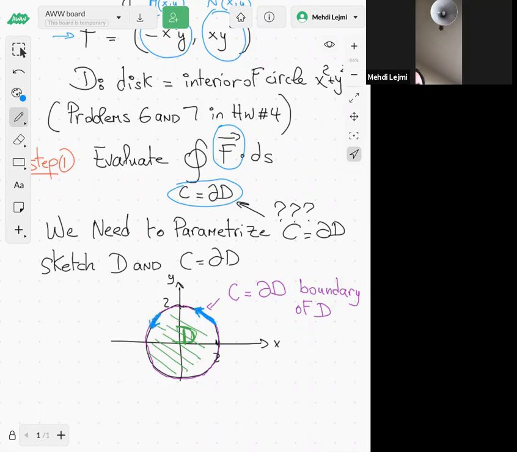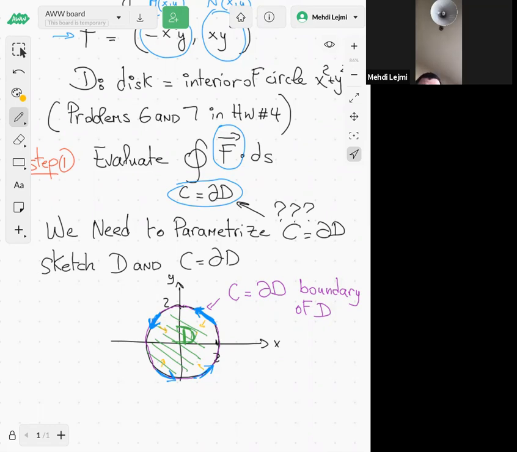If you have a counterclockwise rotation here, then D is on your left. Imagine you have this arrow here, then D is on your left. So that's our orientation.